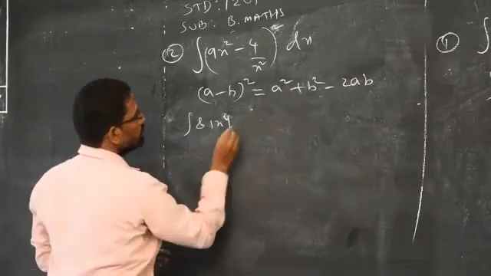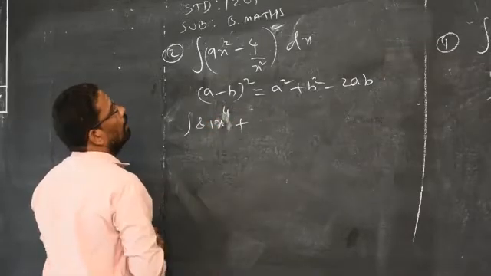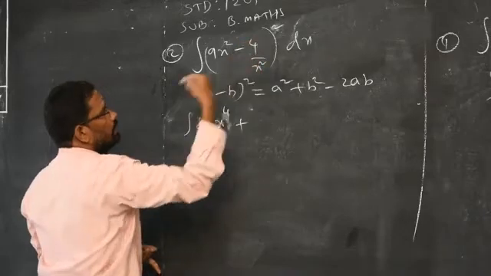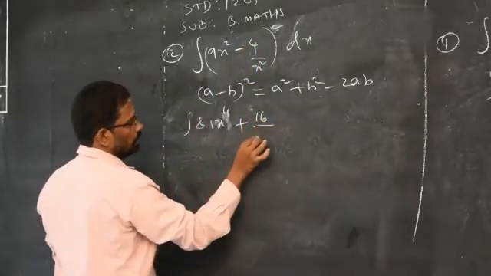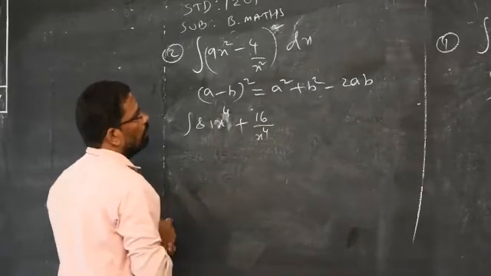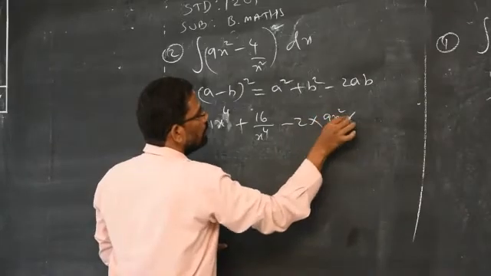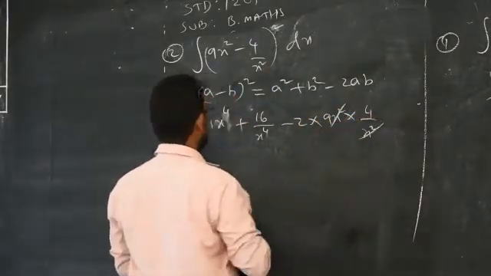Likewise, next plus b square, again we have two factors, 4 in the numerator, x square in the denominator. When you square, 4 will become 16, again x square will become x power 4. Then minus 2 into what is a? 9x square. What is b? 4 by x square. x square and x square get cancelled.